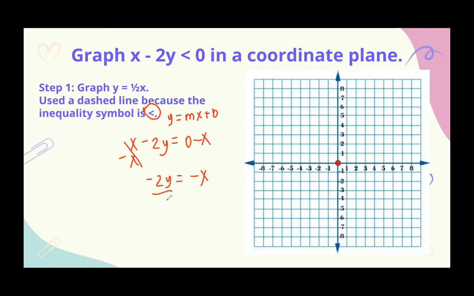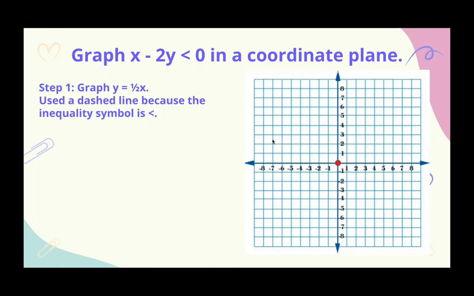Now I can go ahead and divide both sides by negative 2 to isolate y. Think of a 1 in front of this x. So negative 1 divided by negative 2 would make this positive 1/2 x. And here is your final slope-intercept equation.